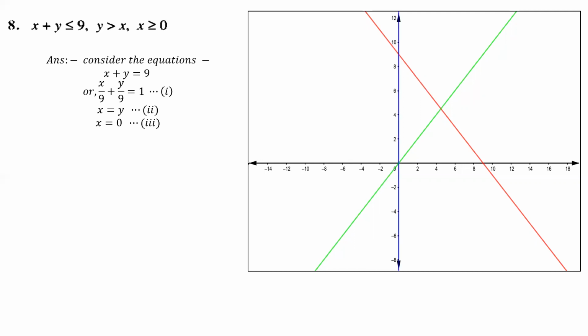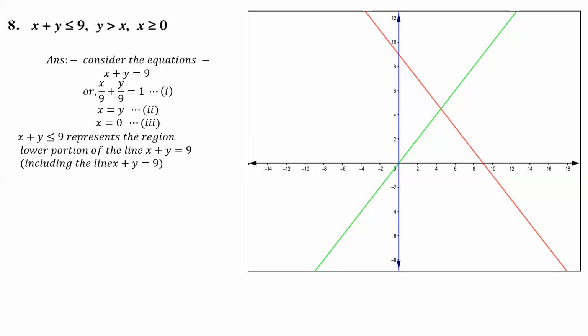You can also mark it. So now let's talk about the region x plus y less than or equal to 9. It represents the lower portion or the left hand side of the line x plus y equals 9, definitely including the line since the less than or equal sign is there.